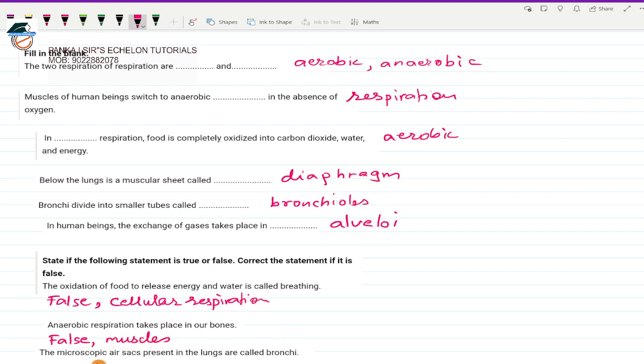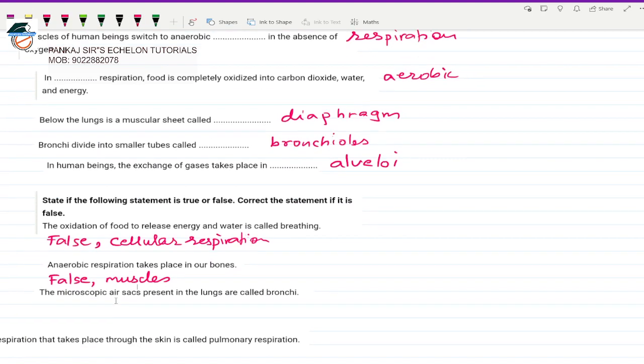Next is the microscopic air sacs present in the lungs are called bronchi. So air sacs, I told you, are not bronchi. Bronchi are the branching of the trachea. So the answer for this is false. It is not correct. So the correct answer will be the microscopic air sacs present in the lungs are called alveoli.